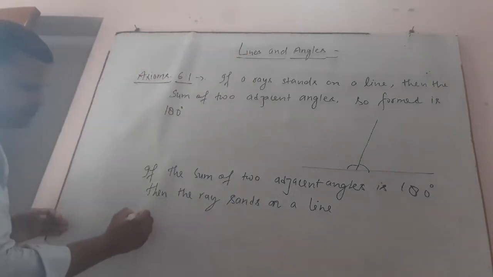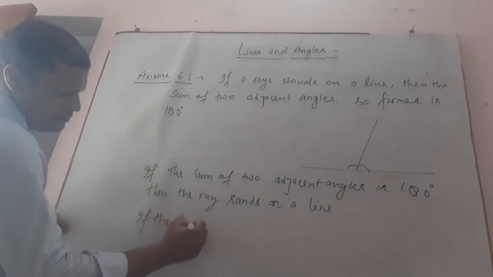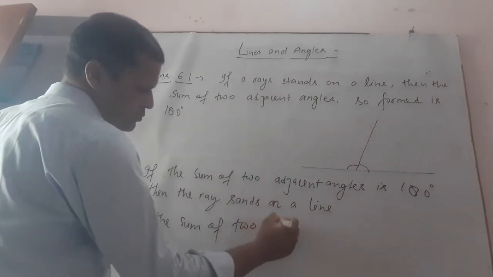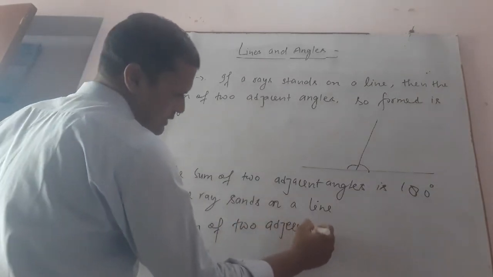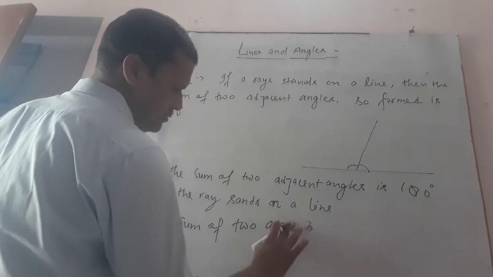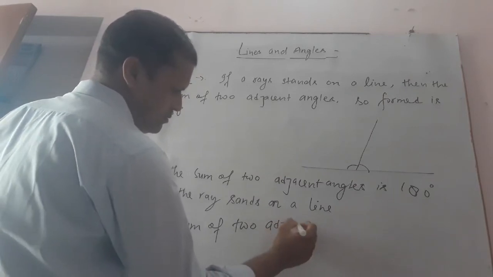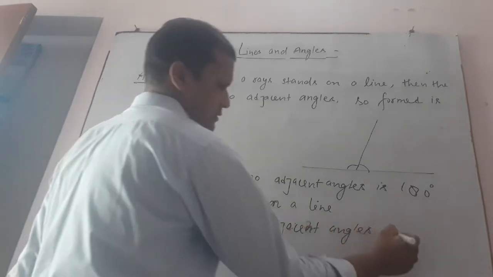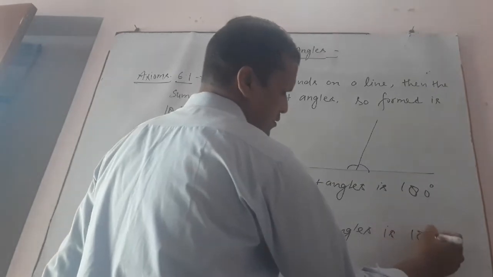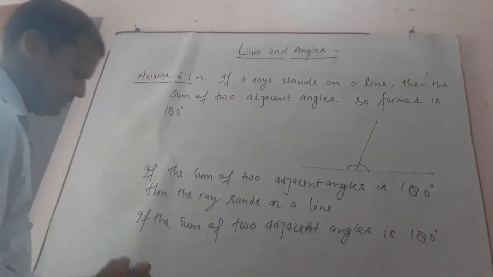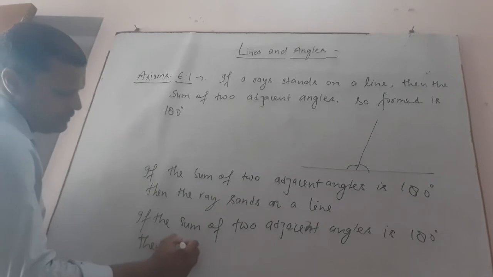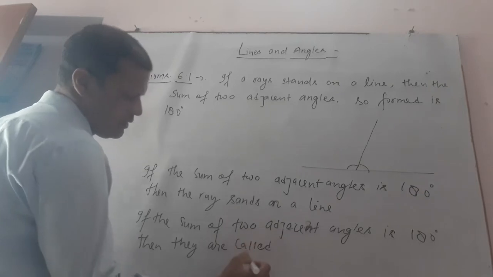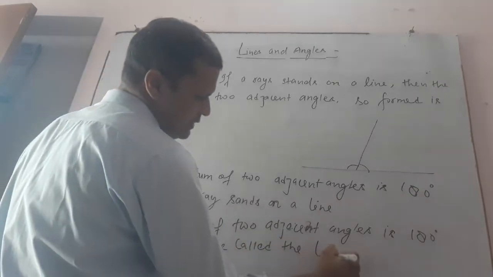See one more. If the sum of two adjacent angles is 180, then they are called a linear pair of angles.